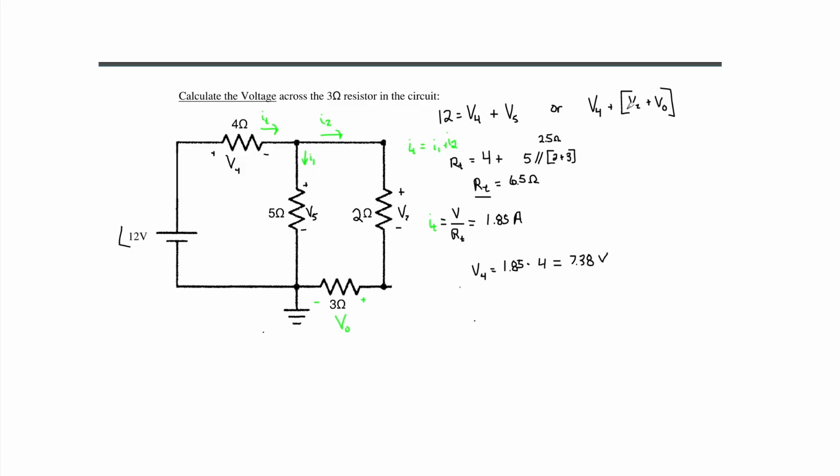Plugging that into our original equation here, we have 12 equals V4, which is 7.38 volts, plus V2 plus V naught. That gives us V2 plus V naught is equal to 4.615 volts.